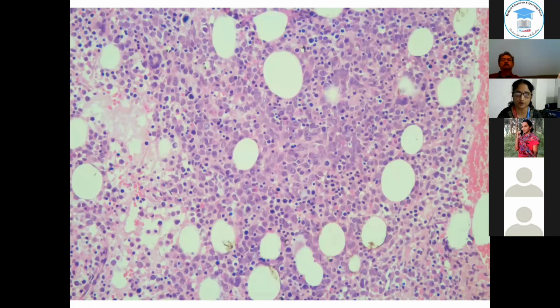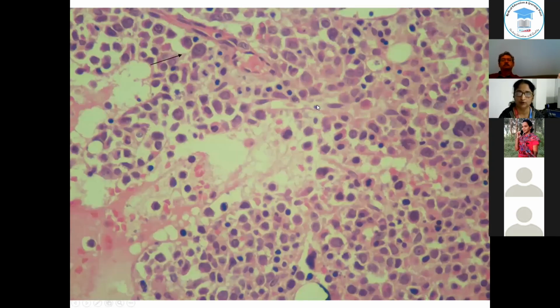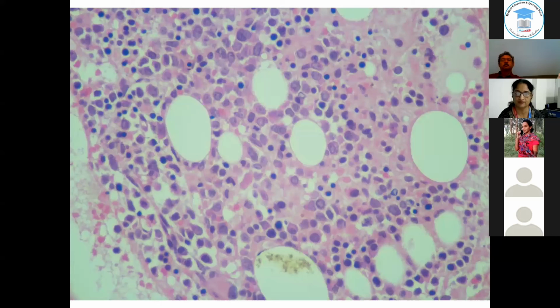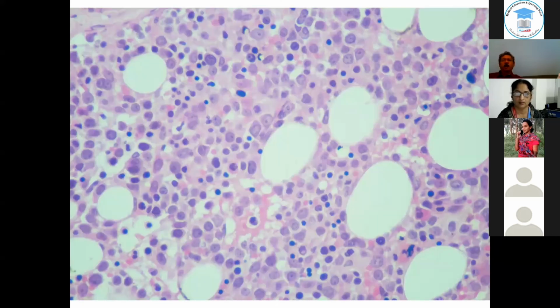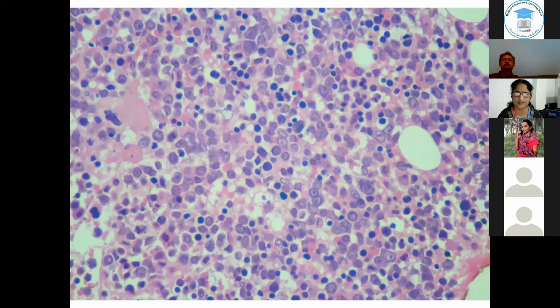So that also gives you a clue to say that these are erythroid blasts, pro-normoblasts. If you see these pro-normoblasts, these megaloblasts have an elongated linear nucleoli. That also helps to differentiate between the myeloblasts and the megaloblasts. More higher power view of the same.